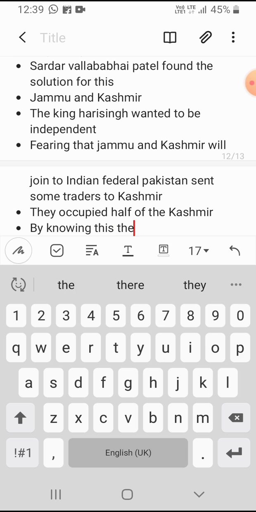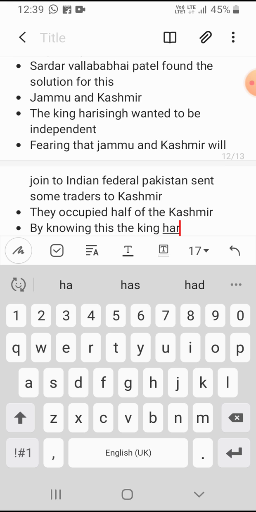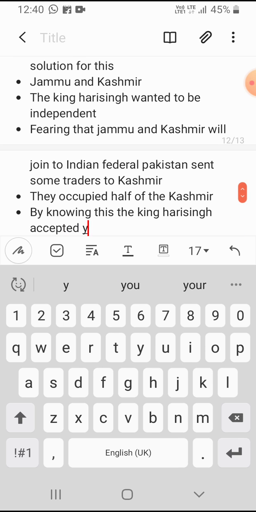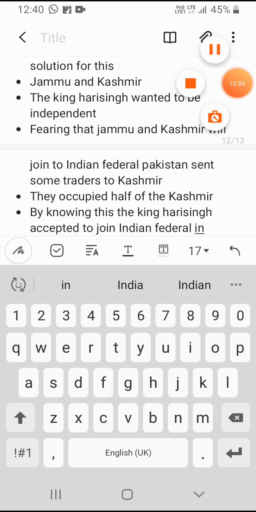By knowing this, the king Hari Singh accepted to join the Indian Federal in 1947. He made the agreement.